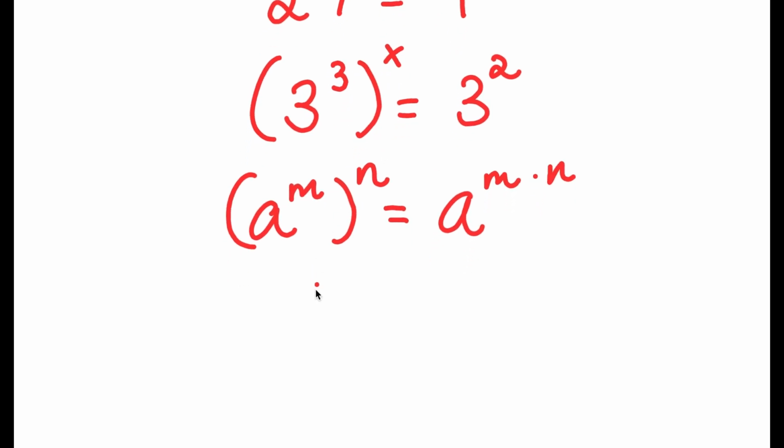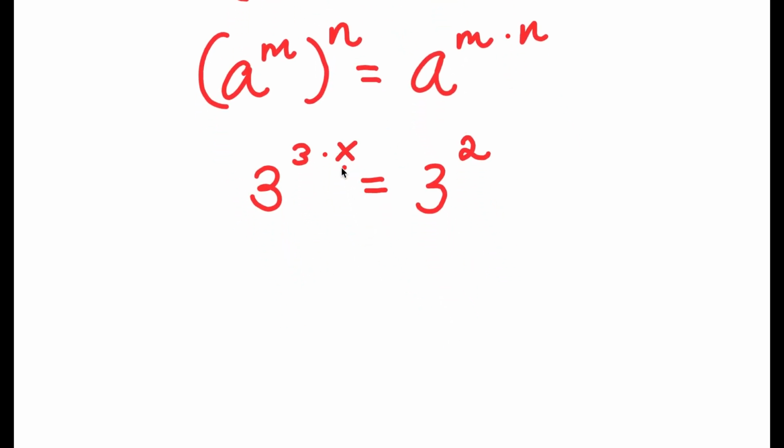So 3 to the power of 3 to the power of x, that's going to equal 3 to the power of 3 times x, which is equal to 3 to the power of 2. And 3 times x is equal to 3x. So I have 3 to the power of 3x is equal to 3 to the power of 2.